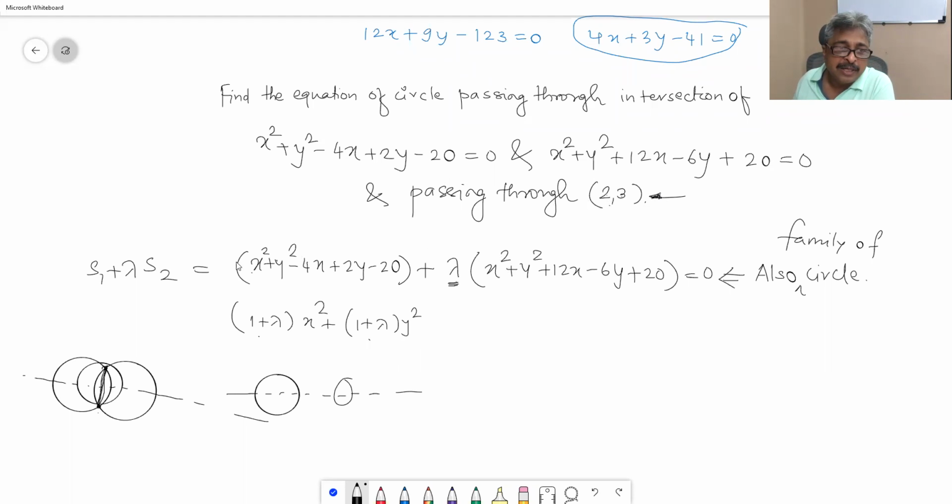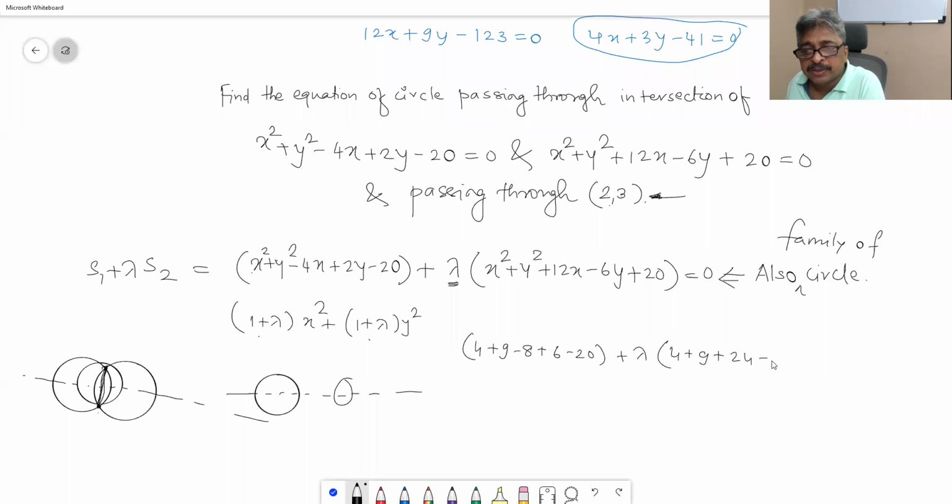So you are saying that this is bad. So first bracket is 4 plus 9 minus 8 plus 6 minus 20 plus lambda. Second bracket is 4 plus 9 plus 24 minus 18 plus 20 should be equal to 0.